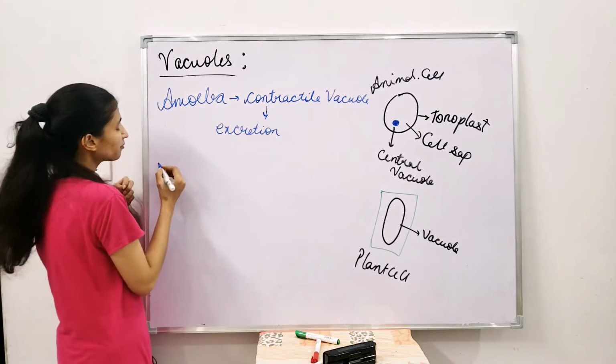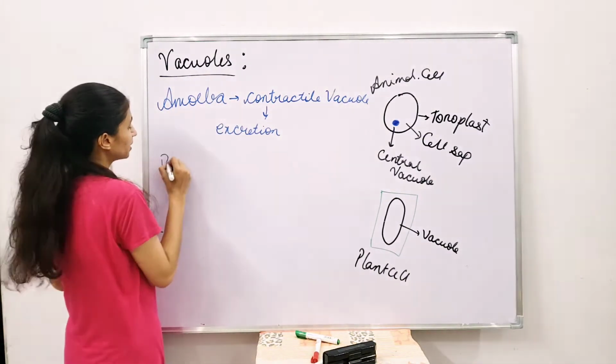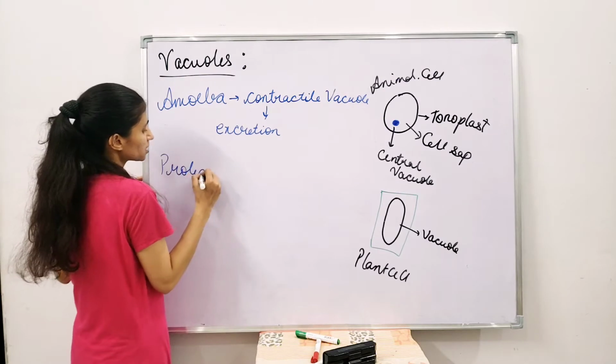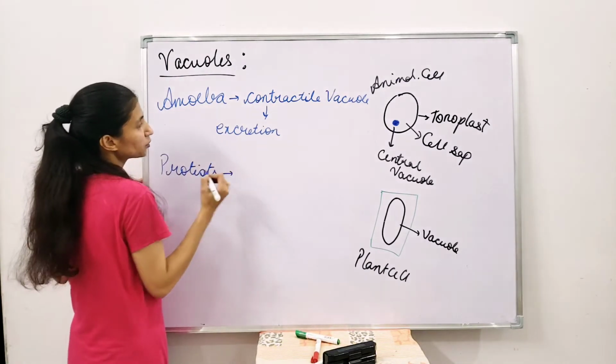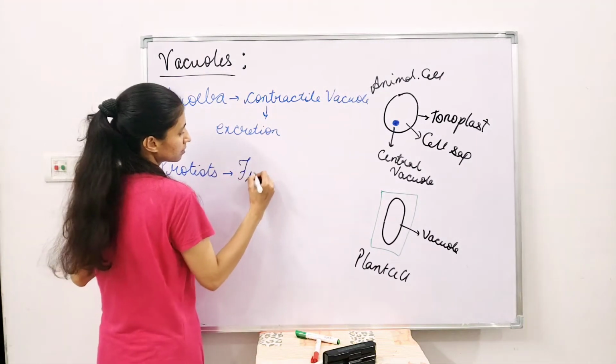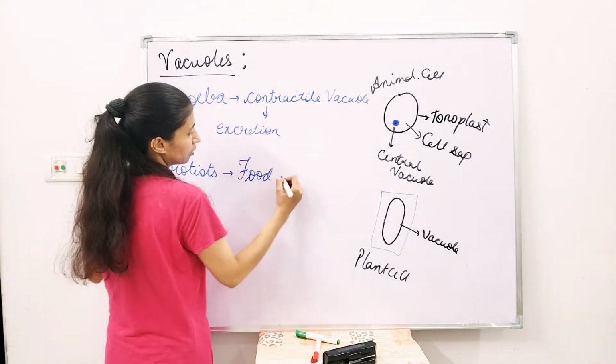Now another type of vacuole which is present in the cell is in protists. Now these protists actually contain food vacuole.